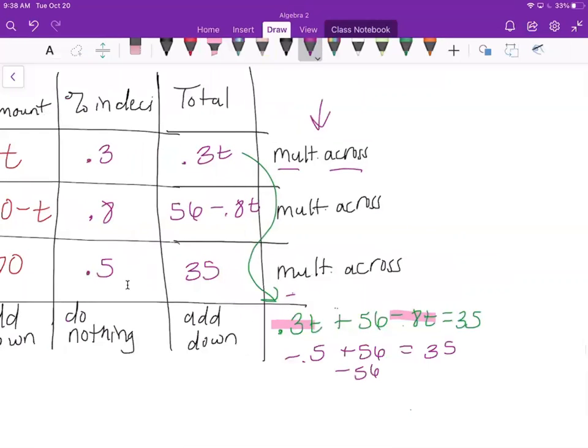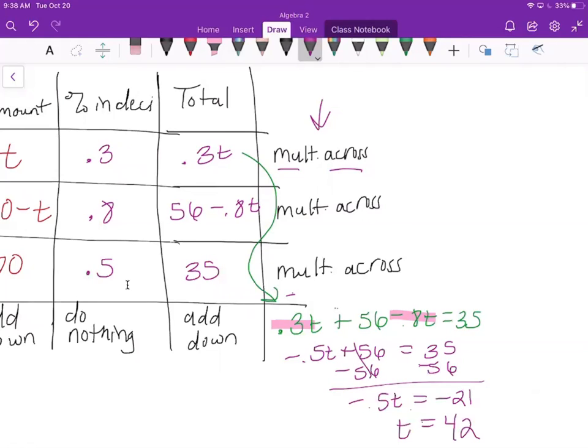Notice both of these will become negative. It's going to be a negative 0.5T, I forgot my T, equals 35 minus 56, which is going to give us a negative 21, and we divide negative 21 by negative 0.5, we get a positive 42.